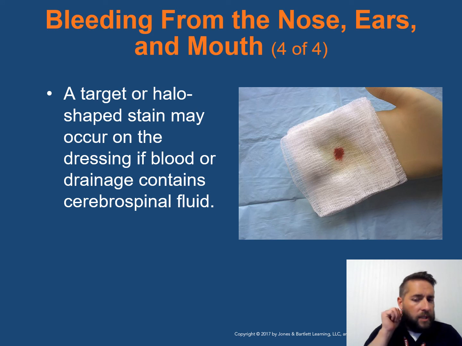If you're able to get that 4x4 dressing and get a drop of blood, and there is that yellow coloration that comes out after it starts spreading, I think it's about a 30 or 40% probability that they have a skull fracture that is leaking cerebrospinal fluid. So that's a bad situation. Once again, more of a reason to get them to the hospital fast.